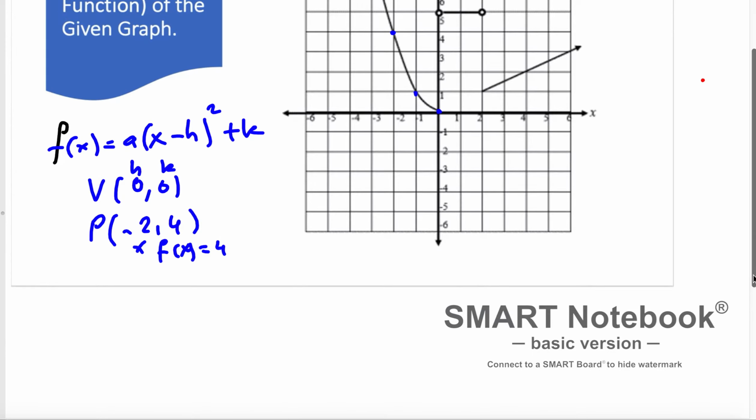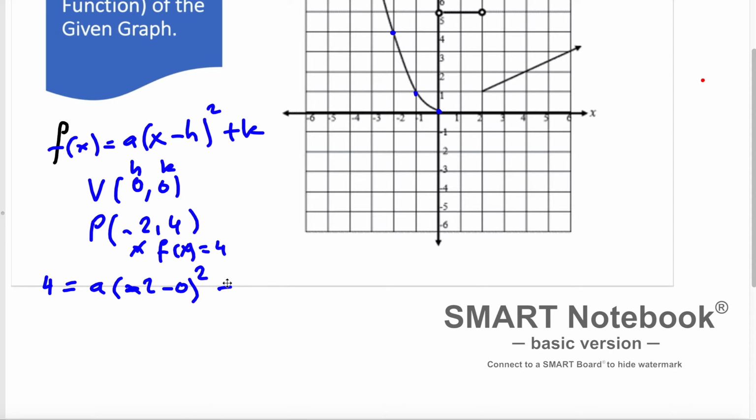Now I'm applying those inputs in this equation. Instead of f of x, I'm writing 4 is equal to a, and instead of the x, I am plugging in minus 2. Instead of h is 0, and this is squared.